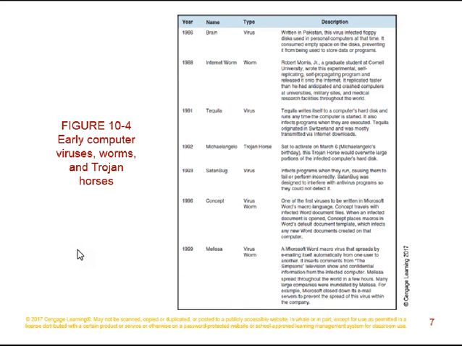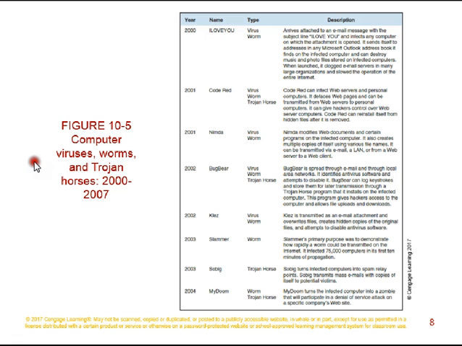Here's a list of some early computer viruses, worms, and Trojan horses. And a continuation of that list, year 2000 with the I Love You, one of the first massive viruses that infected the internet.